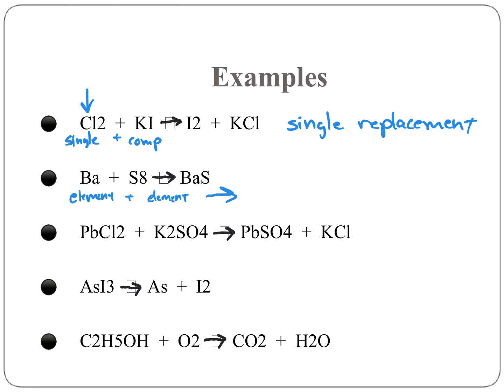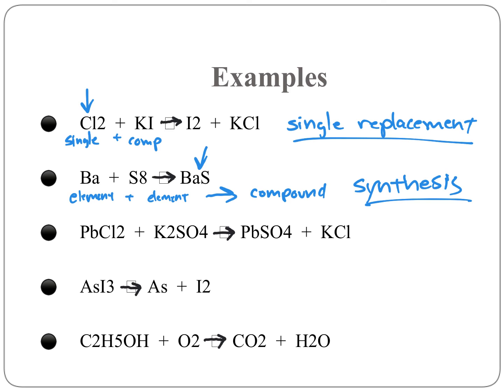All right, and it's making a compound. Note, there is only one compound. So I'm having 2 things that are adding together to make one thing. We could guess that that is going to be synthesis. Okay, so let's keep our answers underlined.